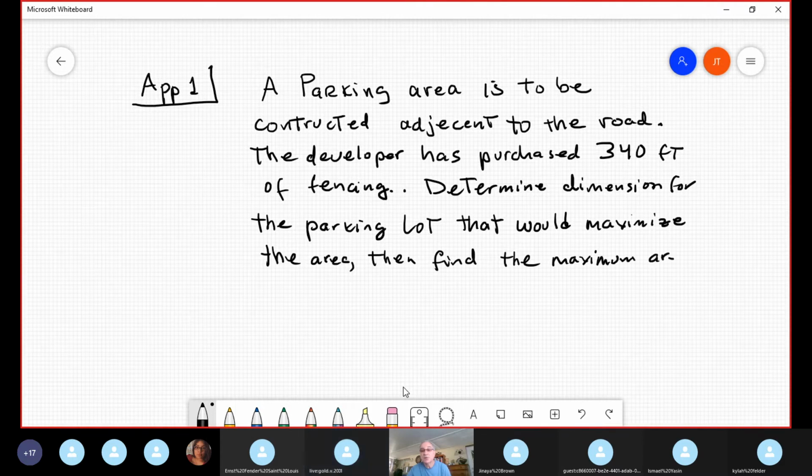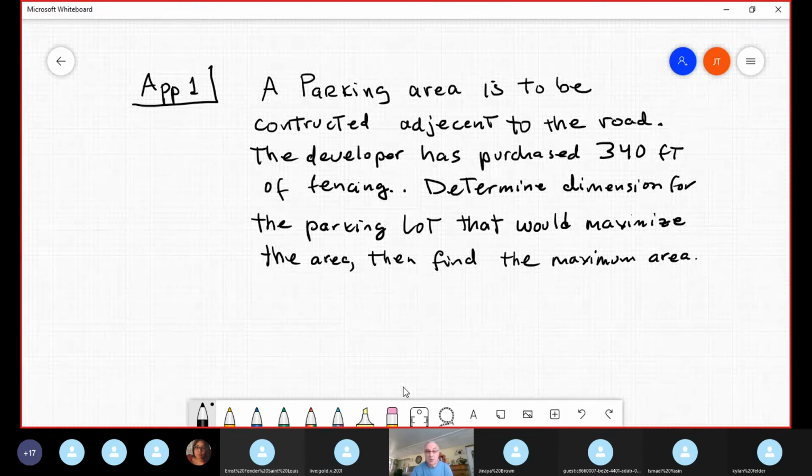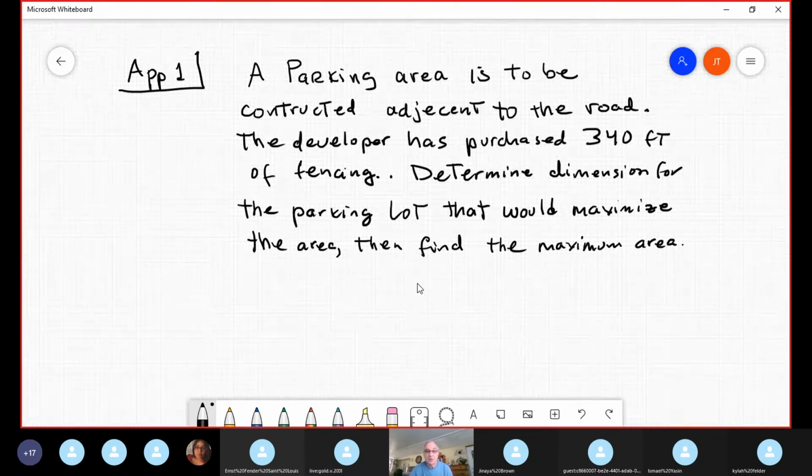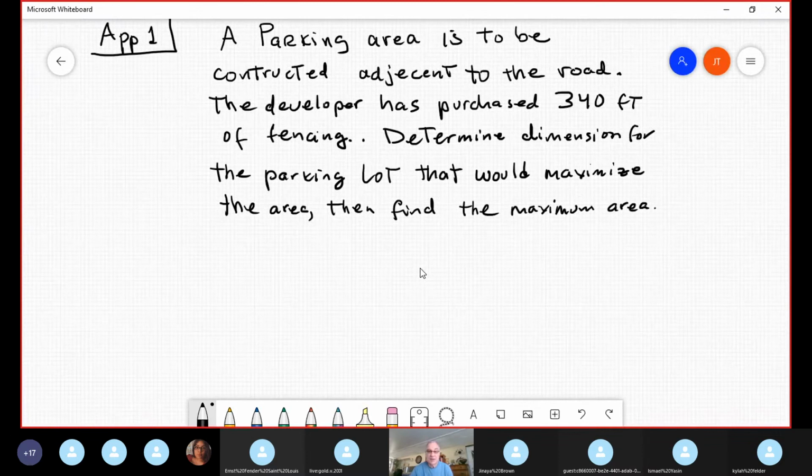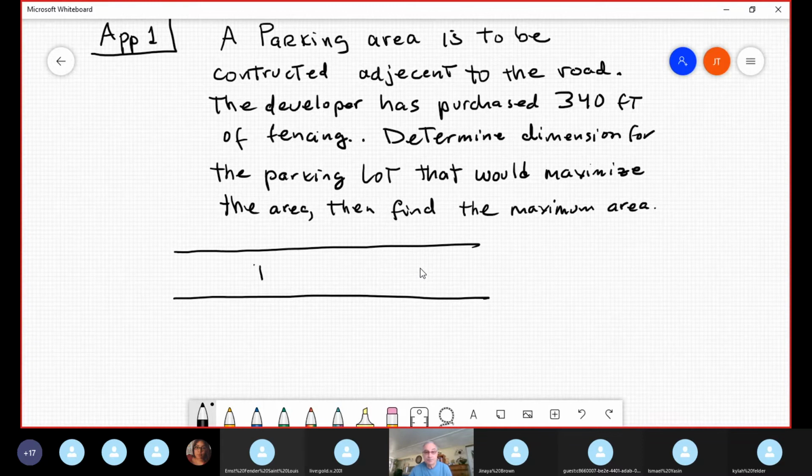Let me try to explain, because one image is much better than a thousand words. Basically, we have a road here, and they want to construct a parking area adjacent to it.